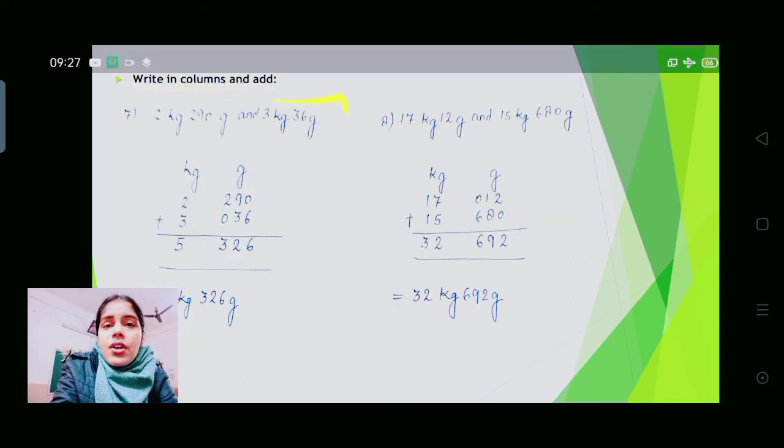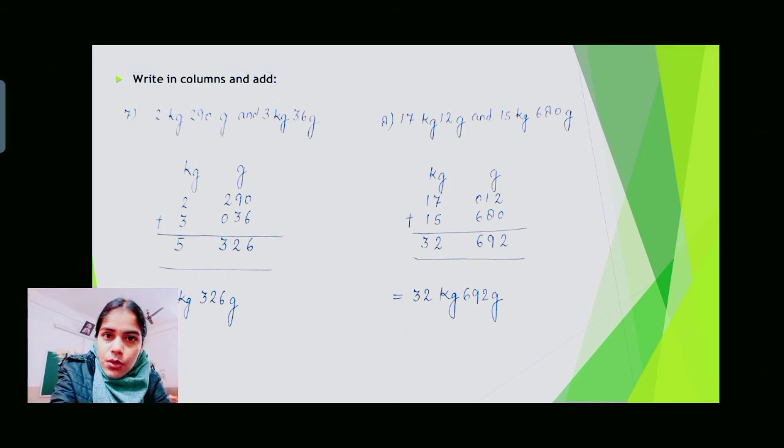So see at the screen, it is written: write in columns and add. So here you have to arrange the numbers in columns first. Alright, you need to separate the numbers into gram section and kilogram section, and after separating them you need to add by following the same process. Okay class, so let's add them. 0 plus 6 will be 6. 9 plus 3 will be 12, 2 here, 1 carry, and 2 plus 1 is 3.